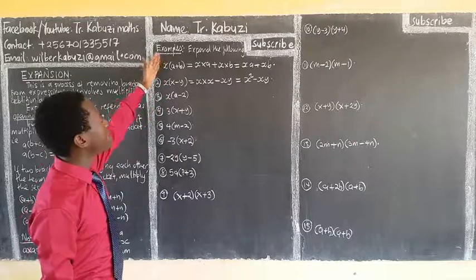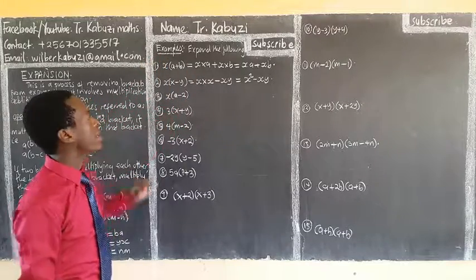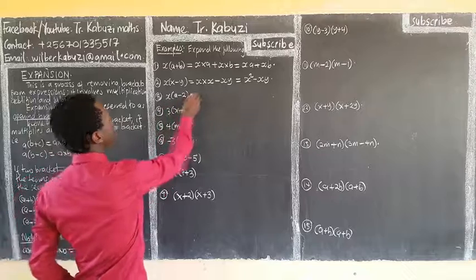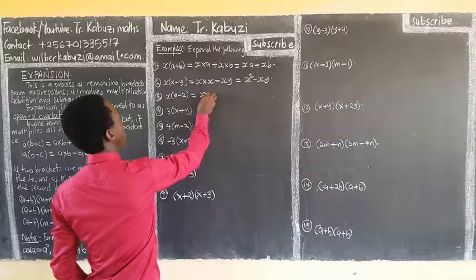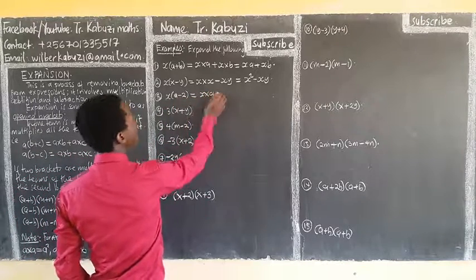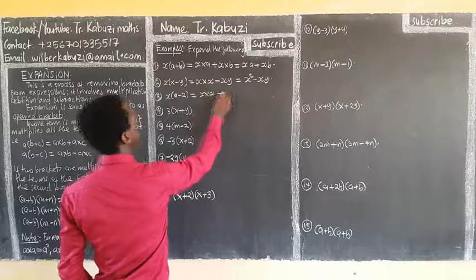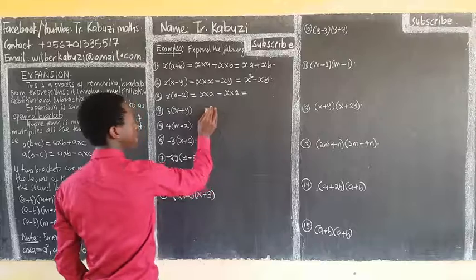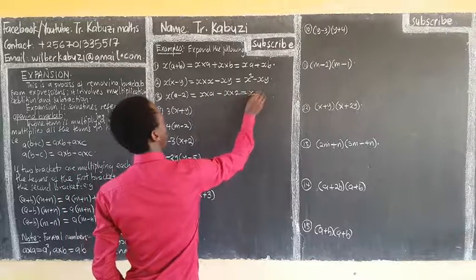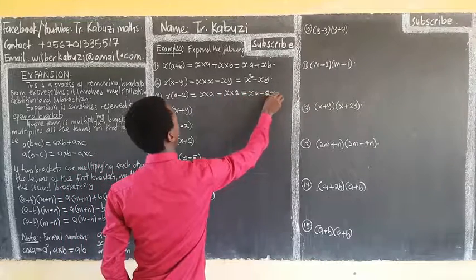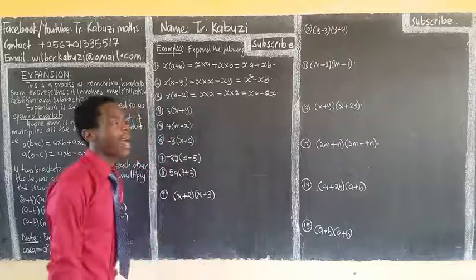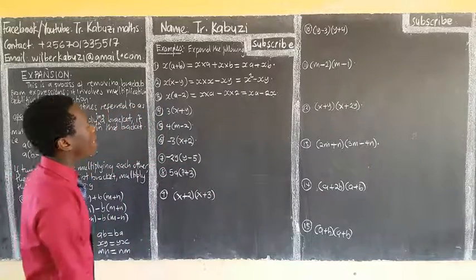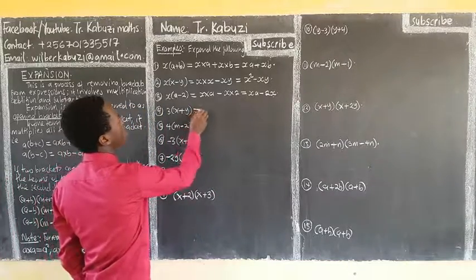So expanding in simple terms means you remove the brackets. Then X times a, and the sign is minus, then X times 2, which will give us xa minus 2x. We start with the figure first. Okay, now after you master this, you don't need to write all these steps.